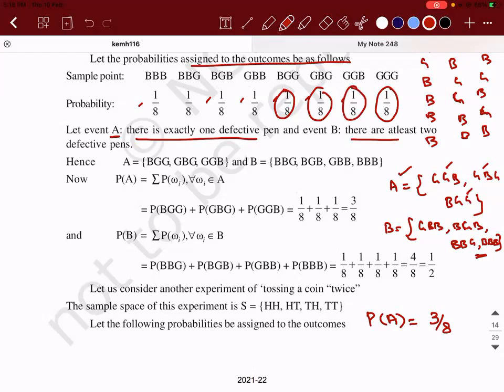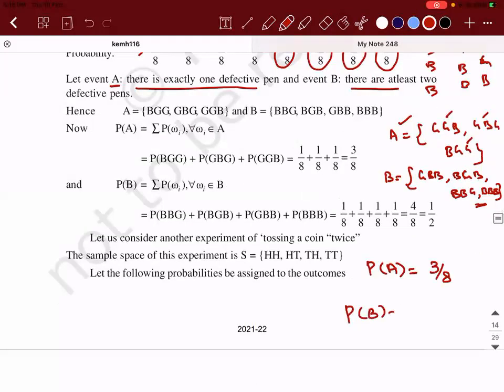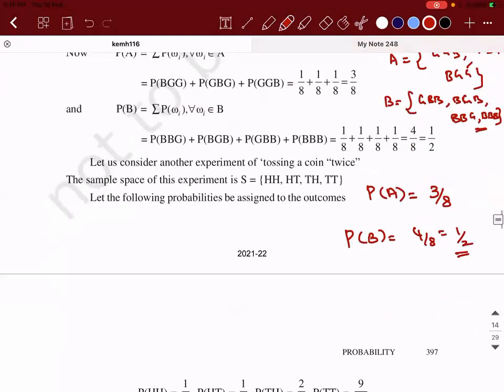If you add all three, you will get 3 by 8. Similarly, what is the probability of getting B? It is 4 divided by 8, which is half. So this is how you find the probability of an event. I already told you: it is the number of elements in that event divided by the number of elements in the sample space. That's it. You need not do anything outside this.